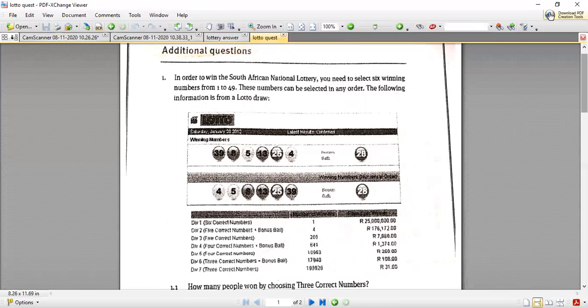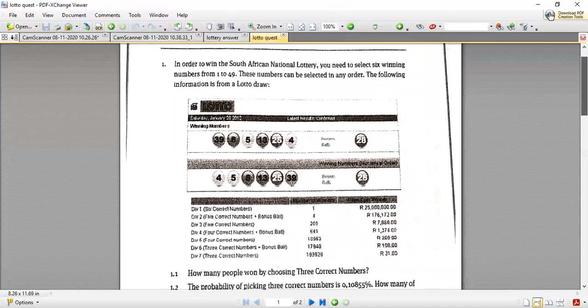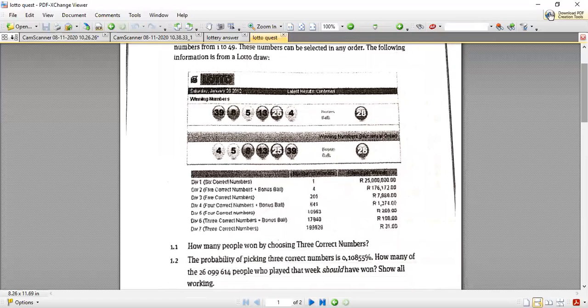And these numbers can be selected in any order, which means you do not have to give it in ascending or descending order. And here you've seen a lottery draw that has been made, and these are the five numbers drawn, and the 28 there is the bonus number that you could see.